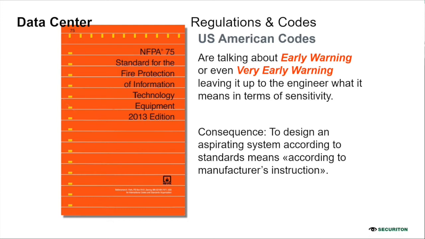Although aspiration systems must comply with codes, they are not required by code. So it depends on how you are installing your system and which basis you are taking, EN standards or NFPA. Based on those, you can design the system.